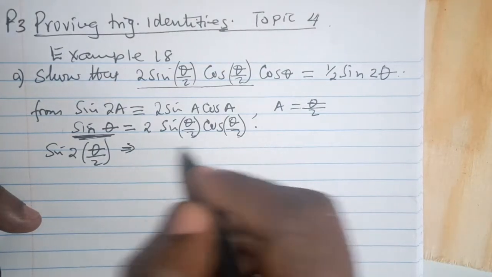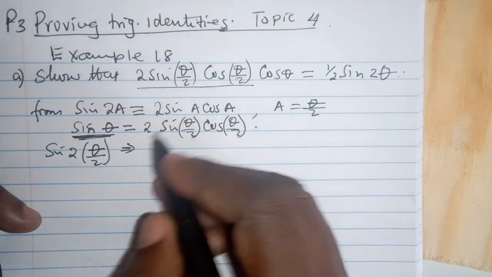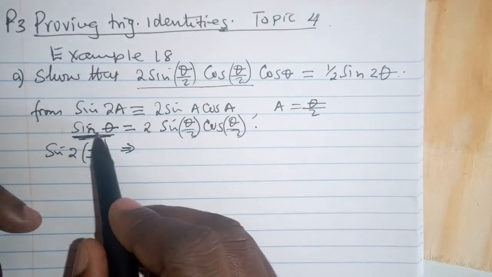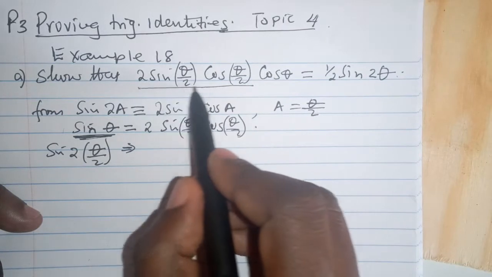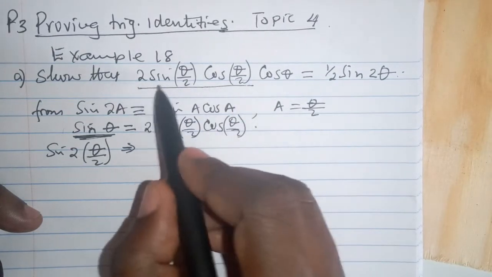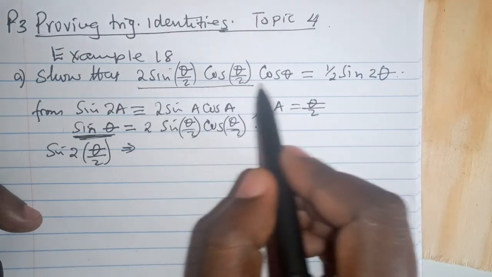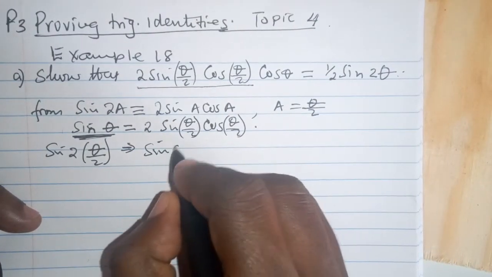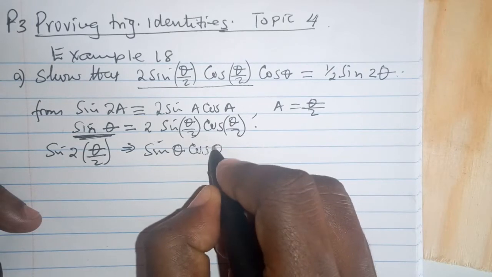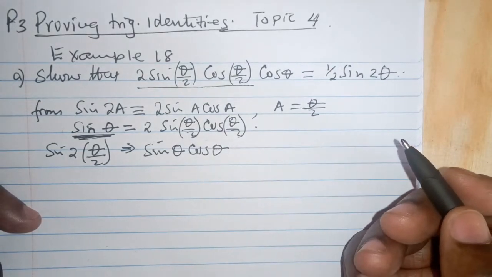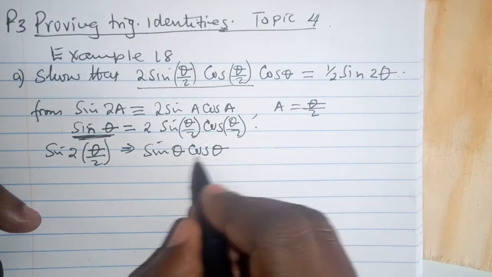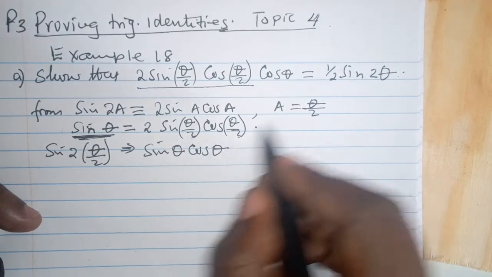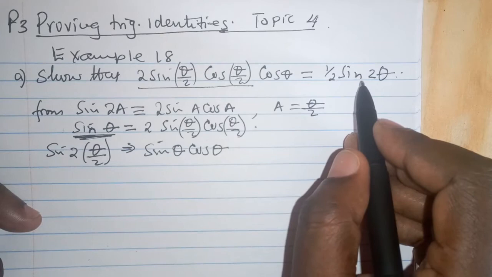So in a nutshell, this part, sine theta, is equal to this part. Please remember, this sine theta is supposed to be multiplied by cosine theta. Therefore, sine theta cosine theta is our left-hand side, and this is now what we are supposed to prove to be equal to a half sine 2 theta.